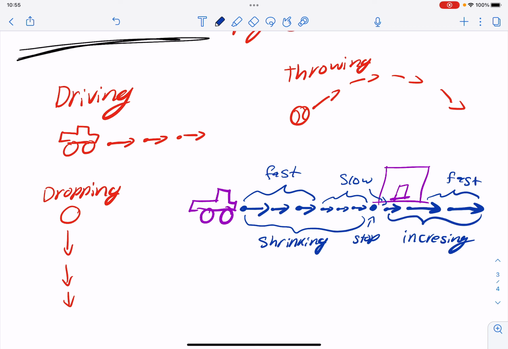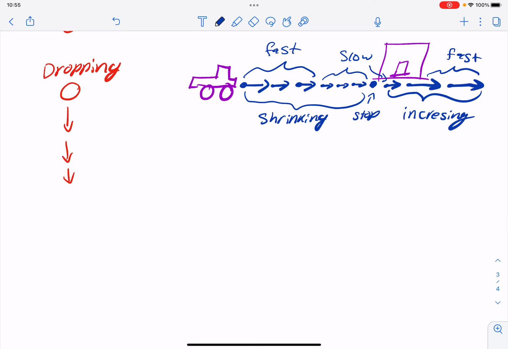So this was slowing down. This is speeding up. And that would be a simple motion map. We can do this also with something being dropped, and we can do this with anything. So our arrows are pretty much showing how fast we're moving, right? And a dot would just show that you're in the same position, so nothing changed.